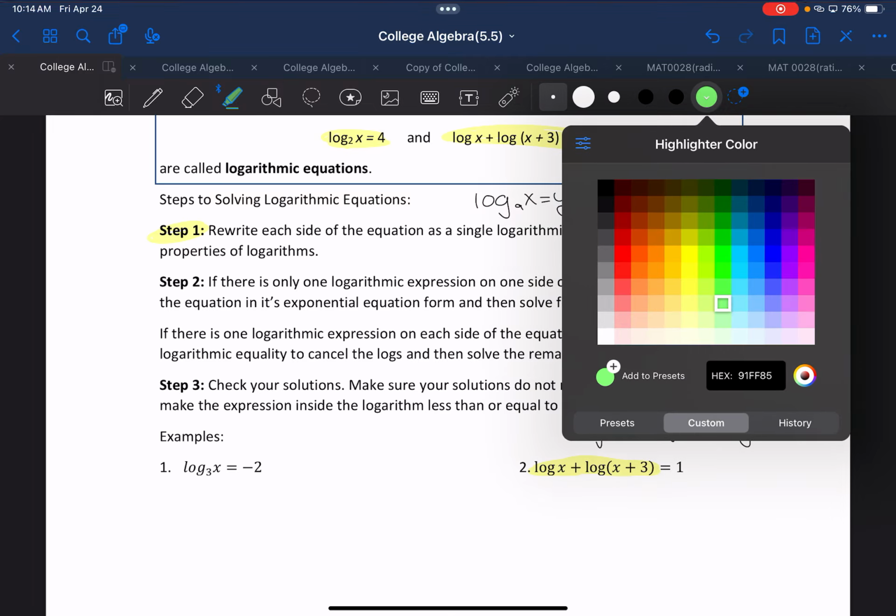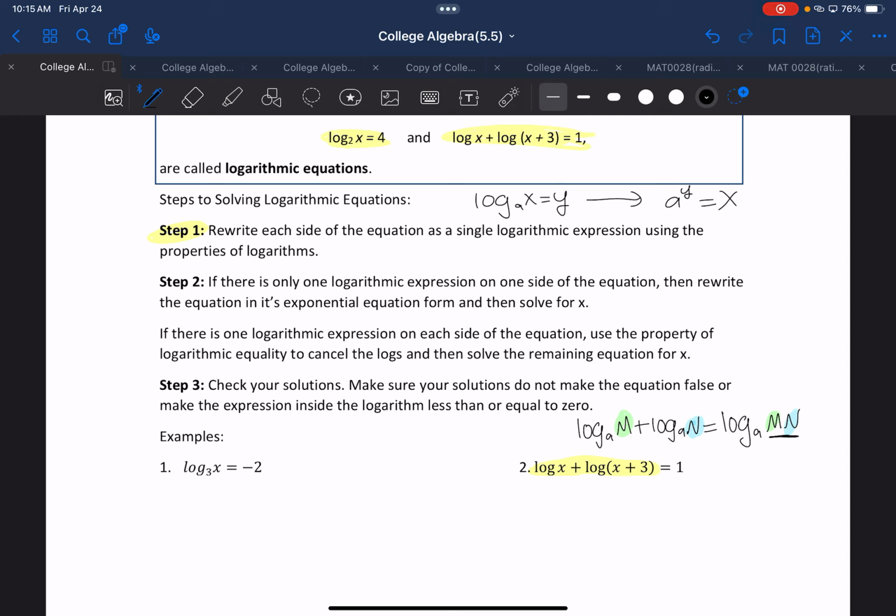We're going to use those properties we learned, the product rule, the quotient rule, or the power rule, to rewrite them as one single expression.